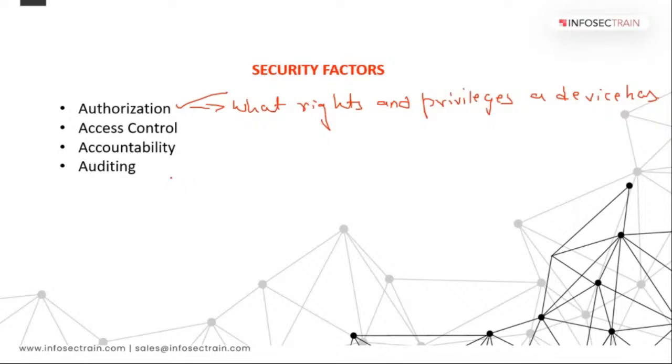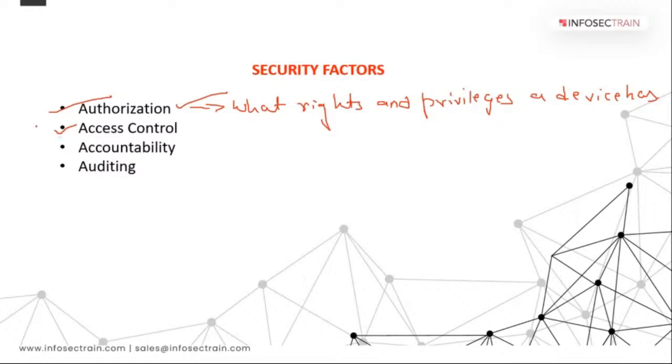That is your authorization, to make you an authorized person so that no unauthorized access happens. Now, the next thing we have is access control. What is access control, guys?